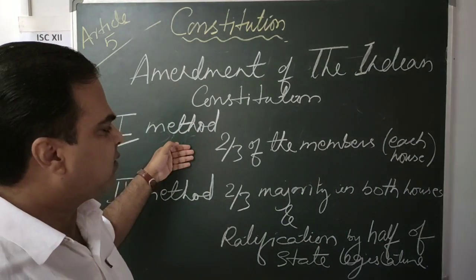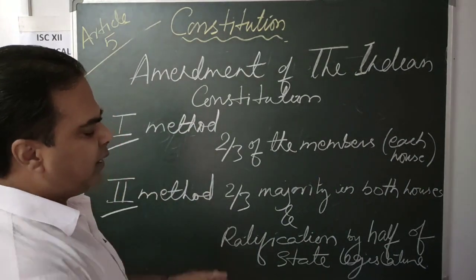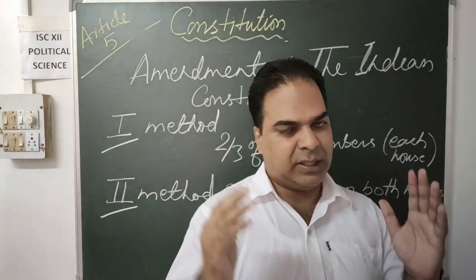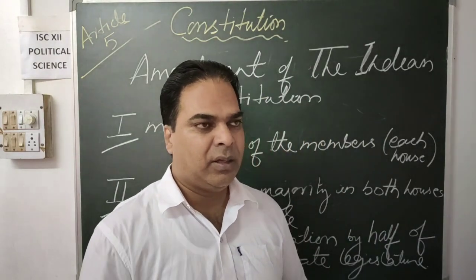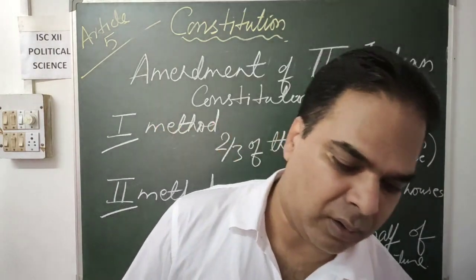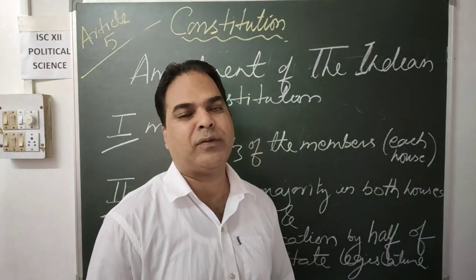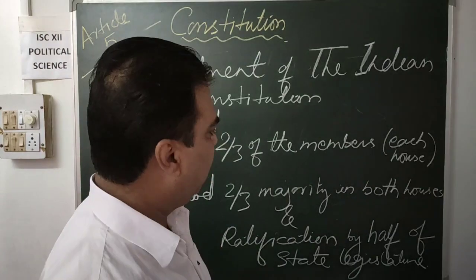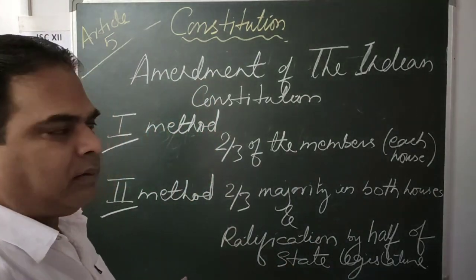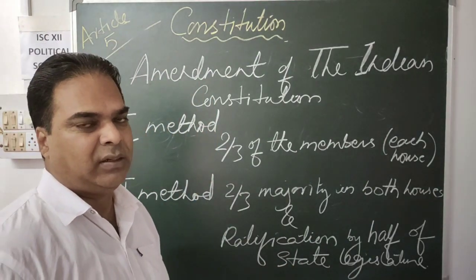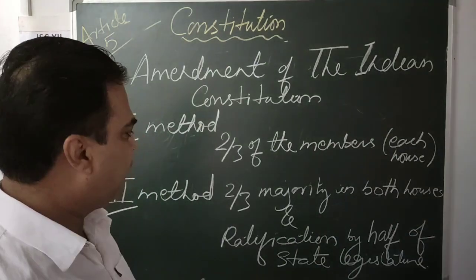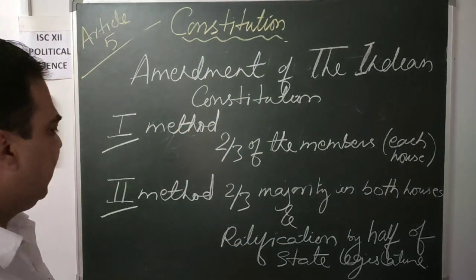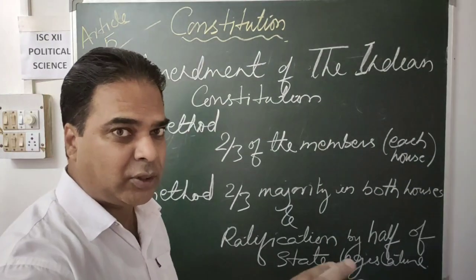In the first method, 2/3 of the members of each house separately, that is 2/3 of the members of Lok Sabha and 2/3 of the members of Rajya Sabha, if they pass an amendment bill, then there is no obstacle in the path of amendment.